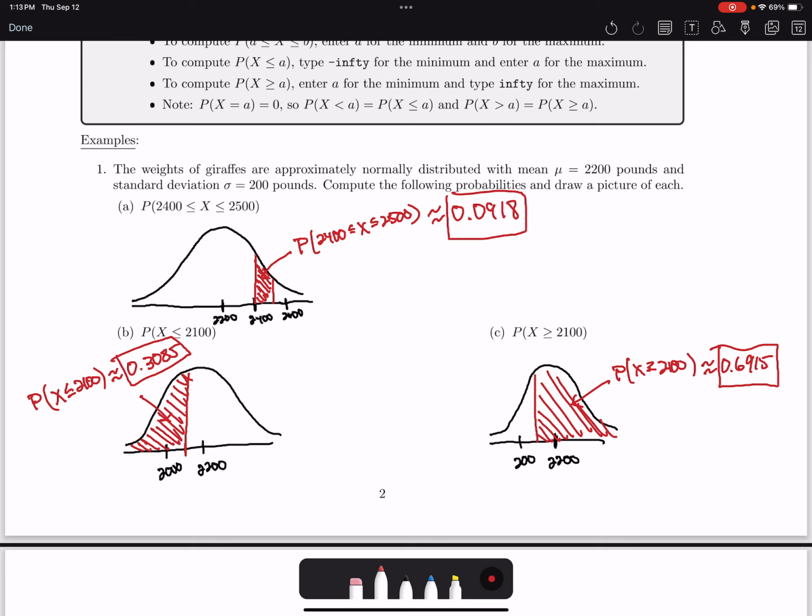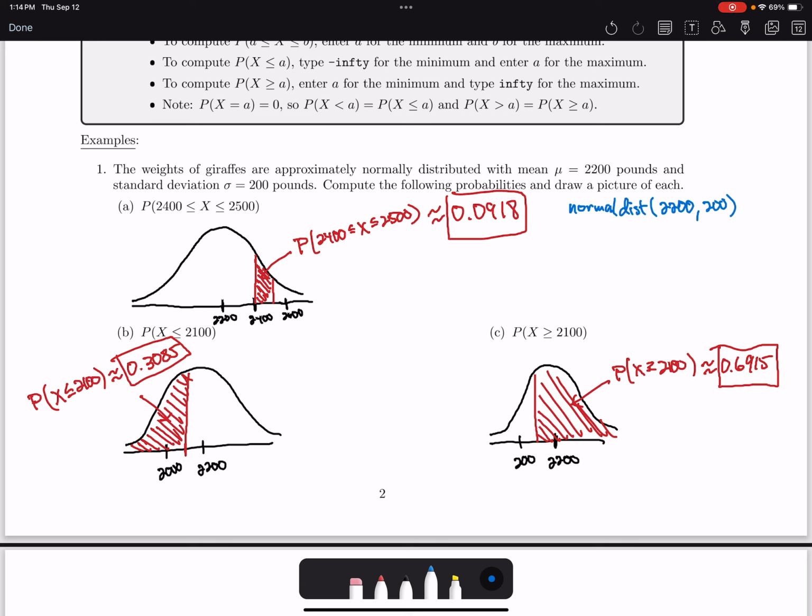Okay, so that's how these probabilities work. Now, of course, for the purposes of showing your work, what I would like for you to do on, let's just use part A as an example. I'd like you to write down what distribution you're using. In our case, we're using the normal dist, okay? And then write down what you put in for the mean and what you put in for the standard deviation, okay?